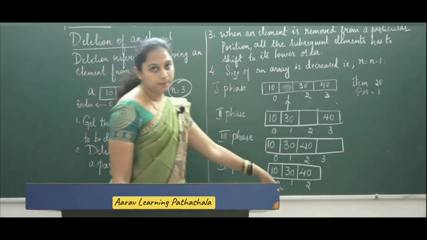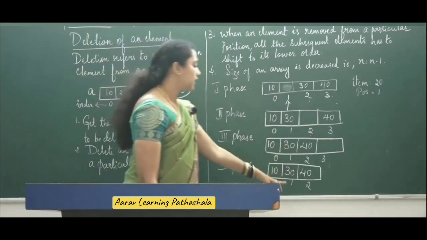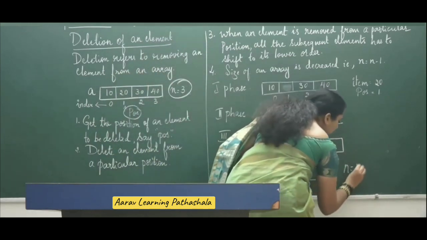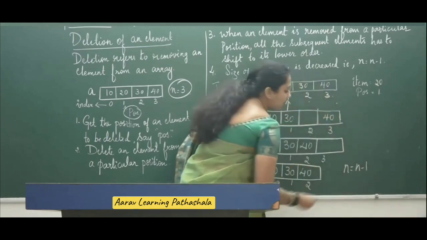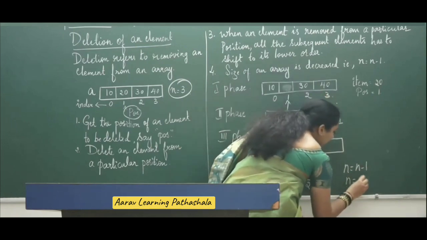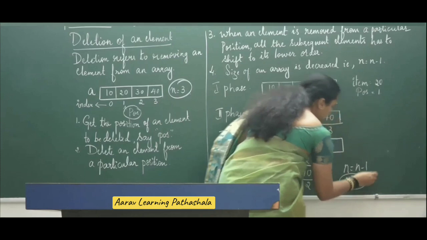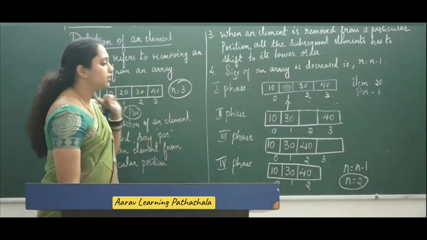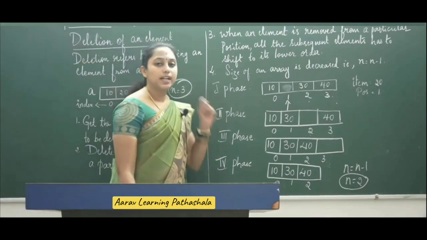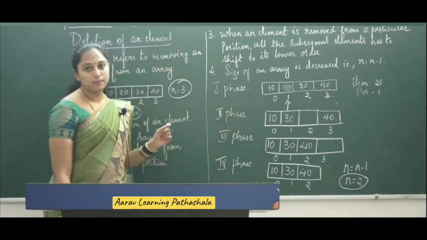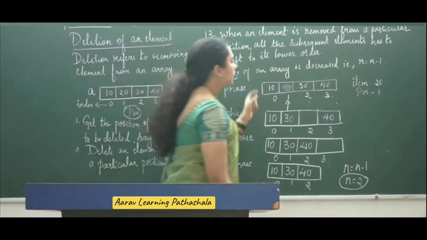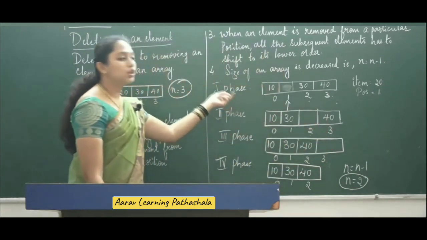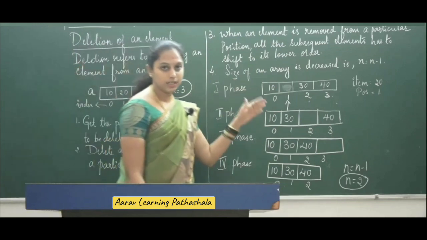After deleting an element from an array, the array size is reduced by 1. That is, n is equal to n minus 1, which is nothing but n is equal to 2. First, we have to get the position of an element from an array to be deleted. So from that position, we are going to delete the particular element.